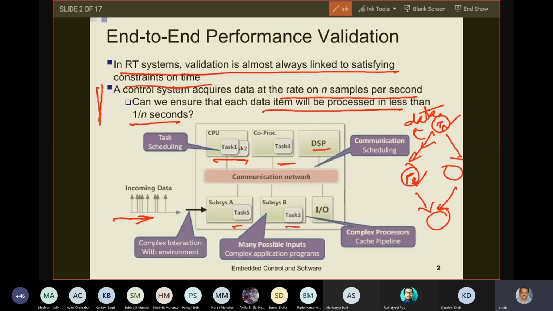So even to estimate what is that finite sized buffer I will require, I need to do an estimation. And we understand that in many resource constrained embedded systems, for example in a spacecraft, I require the design to be as accurate as possible, right?